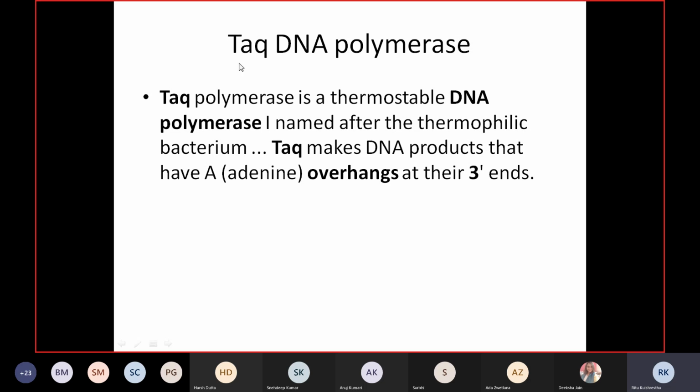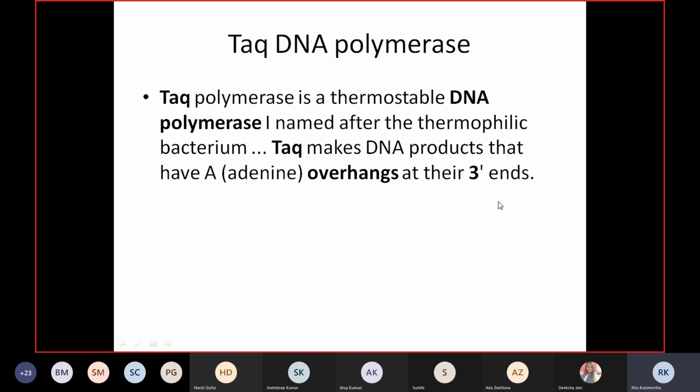The only difference is that when you use Taq DNA polymerase, it leaves a 3' A overhang. I think I'll revisit this when I'm talking about PCR. But in general, it's seen that it leaves a 3' overhang.